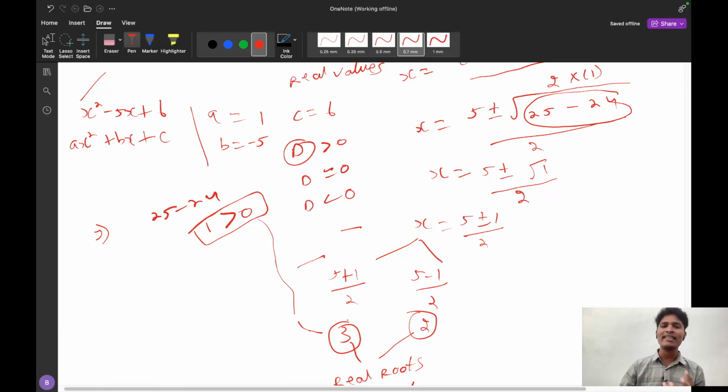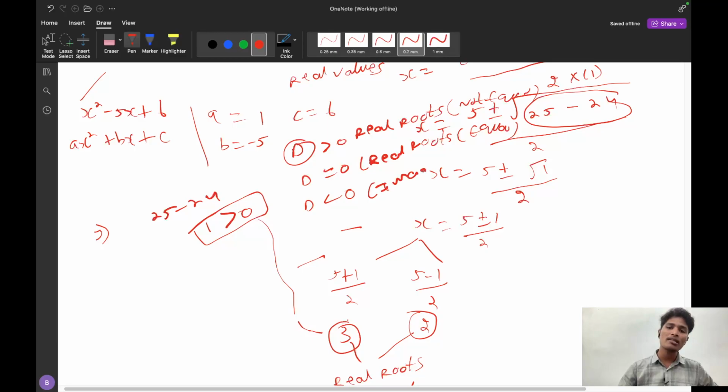If you just check this condition, it is easy to understand the nature of the roots. So if d is greater than 0, you will get real roots that are not equal. If d equals 0, you will get real roots, but those are equal roots. And d less than 0, you will get imaginary or complex roots. Like this you have to understand.